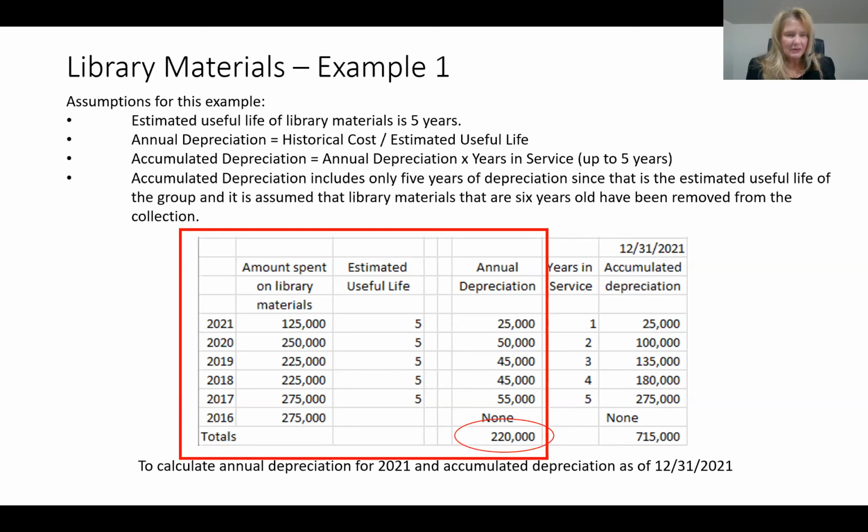Okay, so I've done that all the way across down to 2017 because that's my 5th year. So I'm calculating annual depreciation based on those 5 years. 2016, I'm not depreciating because that's fully depreciated now, and I'm going to be removing that from accumulated depreciation based on my assumptions.